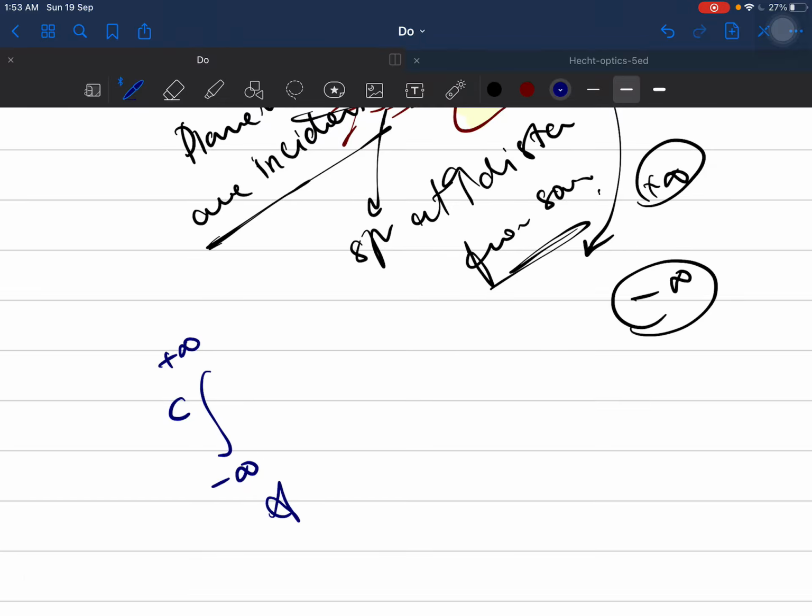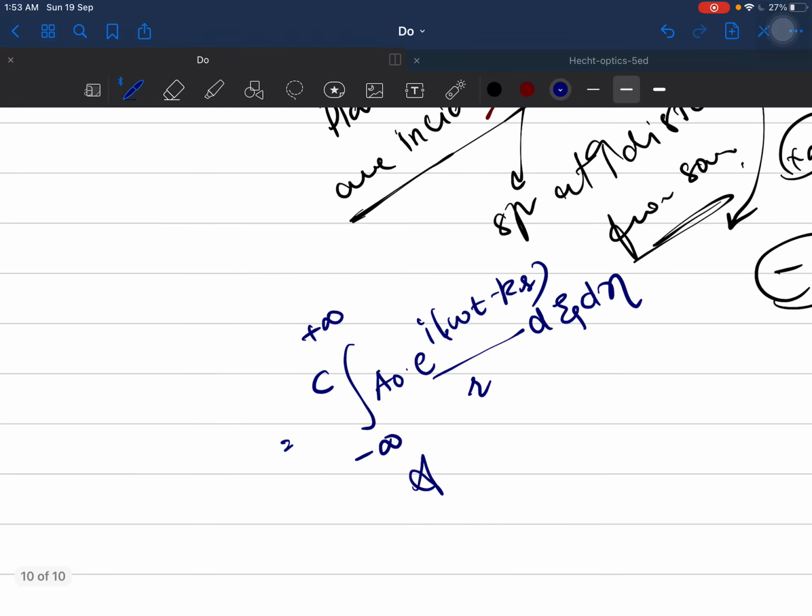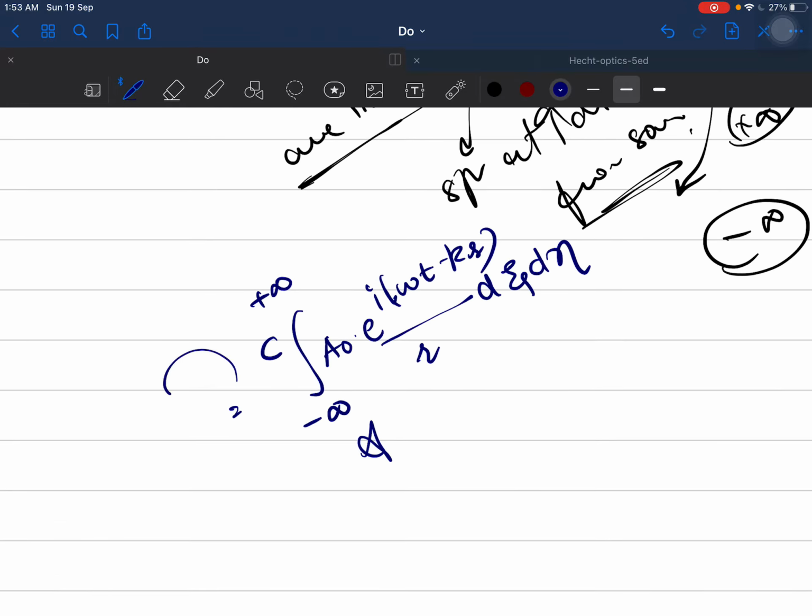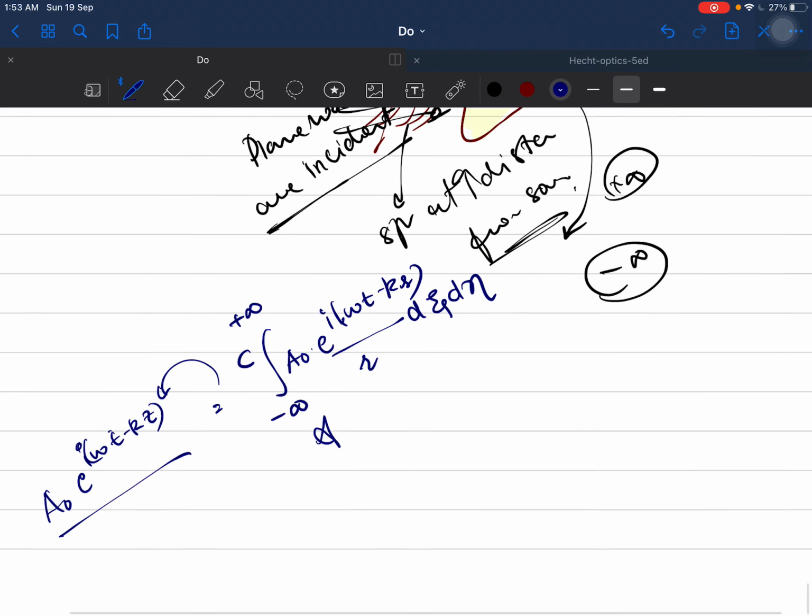It's basically an aperture. We are hypothesizing it: A e power i omega t minus kr by kr d psi equal to, what? Like e power i omega t minus kz.